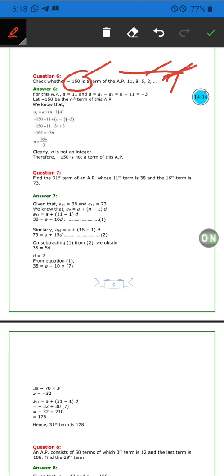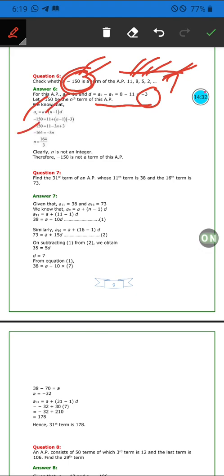Okay, so what is the first term here? 11 is the first term. What is D here? A2 minus A1, A8 minus 11, it becomes D is minus 3. Okay, what is An? We have to solve it by assuming something. We don't know whether this was the last term or not, so consider it as AN. So AN is minus 150, A is 11, D is minus 3.